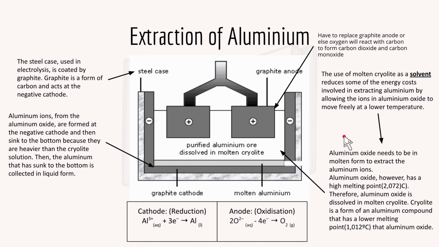Aluminium oxide needs to be in molten form to extract the aluminium ions. Aluminium oxide, however, has a melting point of 2000 degrees Celsius. Therefore, aluminium oxide is dissolved in molten cryolite, and cryolite is a form of aluminium compound that has a lower melting point than aluminium oxide, so it lowers the melting point of the whole molten solution.